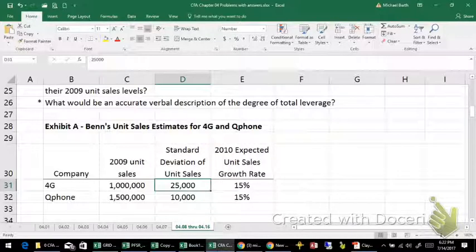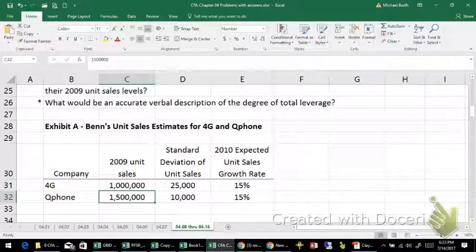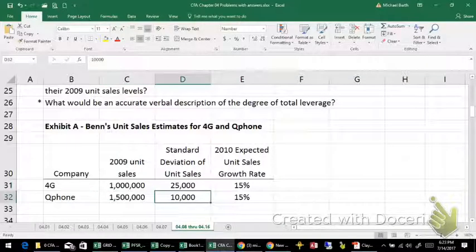If you've had stat class, you'll know that a 95% confidence interval for something normally distributed would be about 2 standard deviations. 2 standard deviations would be 2 times 25,000 or 50,000. So her sales estimate is $1 million plus or minus 50,000. For Qphone, the sales estimate would be $1.5 million plus or minus roughly 2 standard deviations of 20,000.